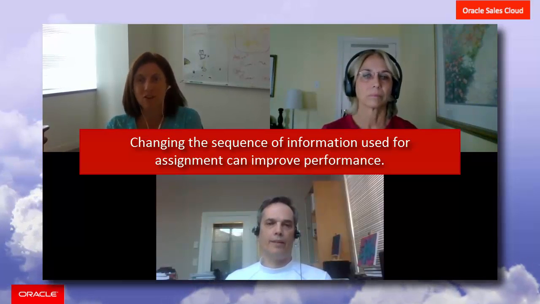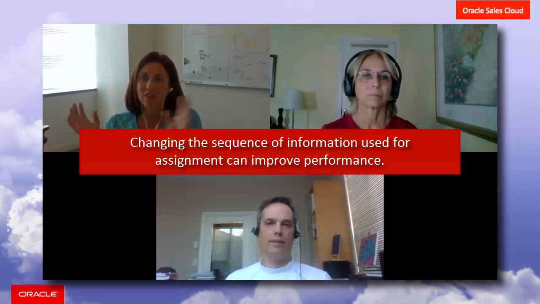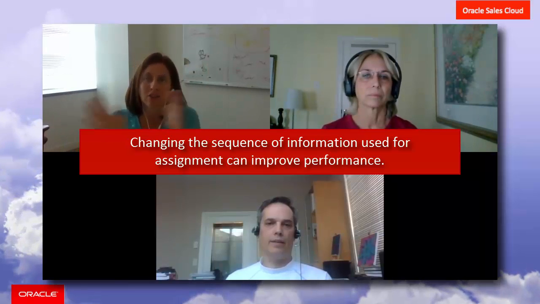Why? Because instead of looking for 1,000 matches, when I take the geography associated with the account, I'm probably going to be down to all the territories that match in this particular state. So from 1,000 records you're trying to match against, you're suddenly down to maybe 10, 15, 20 records.